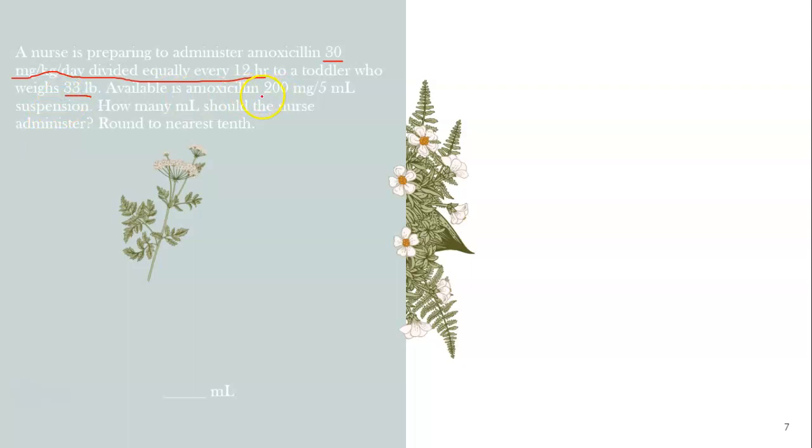And I've got this available, and I'm probably going to need that because it's asking me for mils. And this is also asking me for mils. So now I kind of know where I need to go. Number one, what do I need to do? I need to make sure that it's in kilograms. So I'm going to go ahead and switch to kilograms.